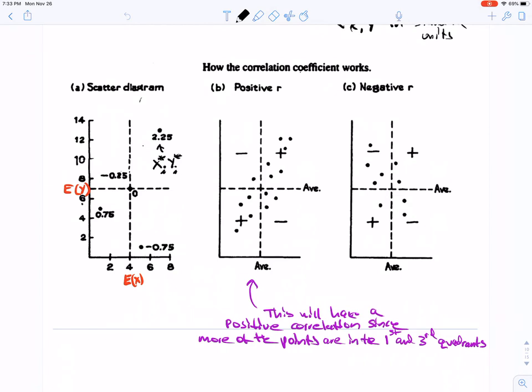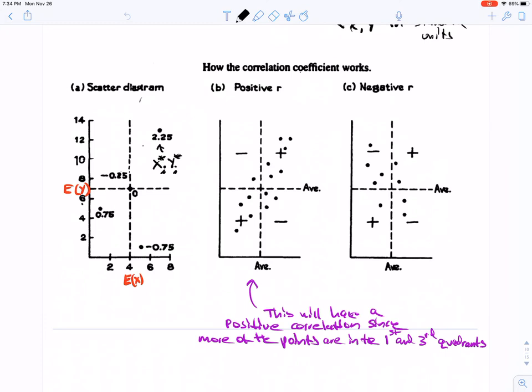And we see that in the first quadrant, the product of the x and y in standard units is positive. In the second quadrant, it's negative. In the third quadrant, it's positive, and in the fourth quadrant, it's negative.